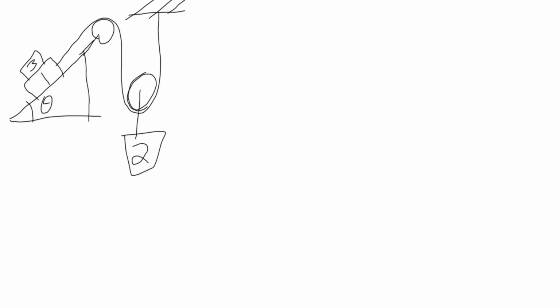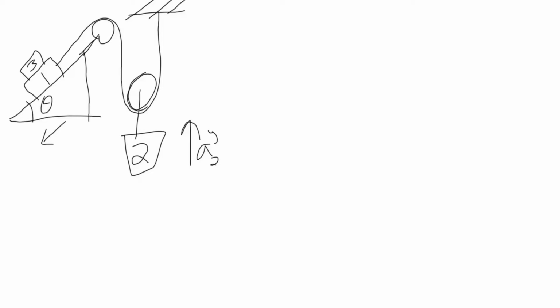You were told that M2 moves upward at a given acceleration, which tells you, of course, that M1 has to move down the ramp along with M3. And the question is, knowing M1, M2, M3, theta, and the acceleration of the second mass in the y direction, what is the coefficient of friction between mass 1 and 3?